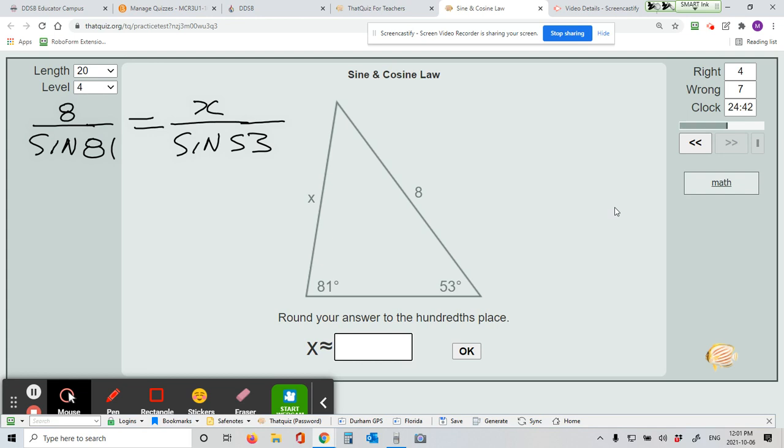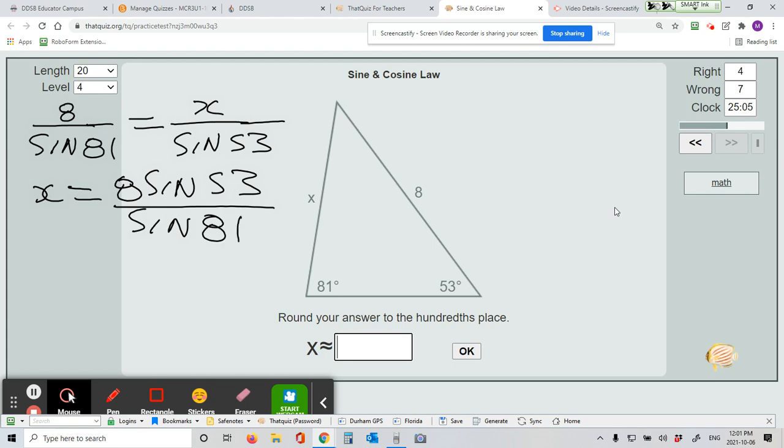So Abdullah, how do I go from that to getting my actual x? What do you think is my next move? Nice. Tell me what that looks like. So x equals what? Absolutely correct. This goes on top with that. So 8 times sine of 53 divided by the sine of 81 to give us the answer. And it's x equals. It's not the sine of x is equal to. It's just x itself. It's just actual x itself.